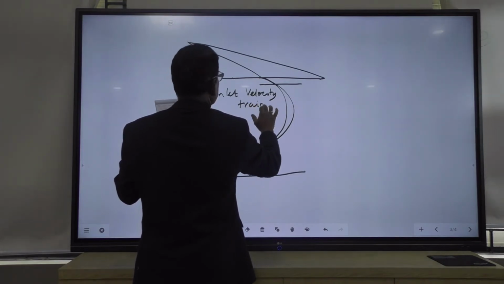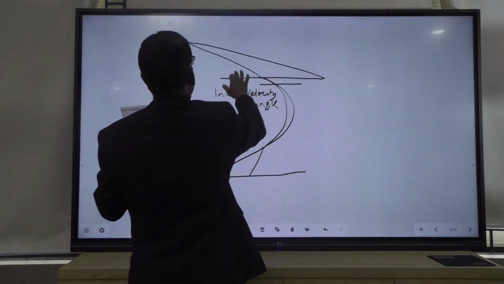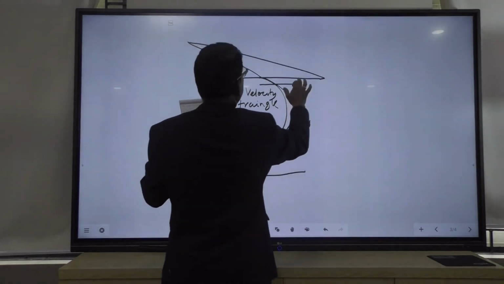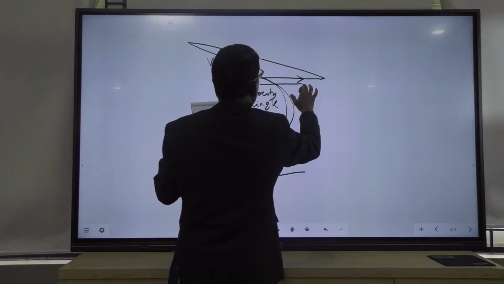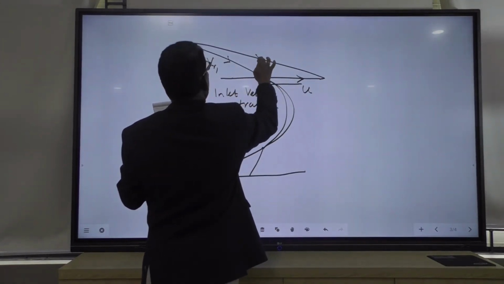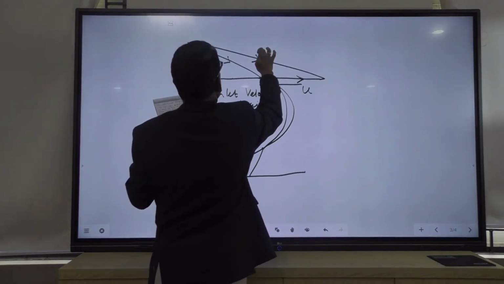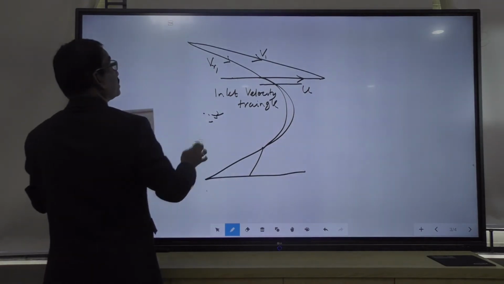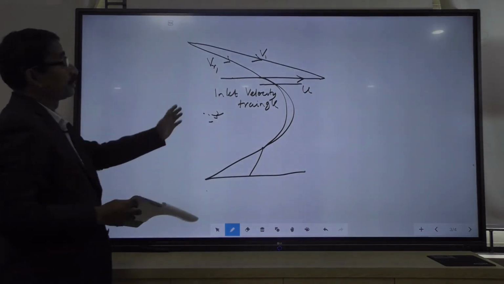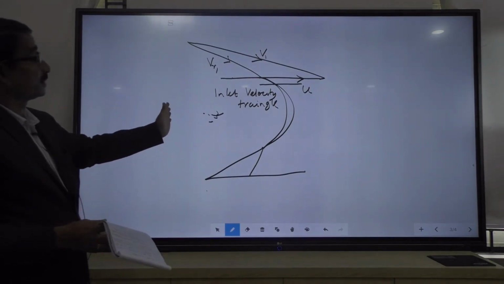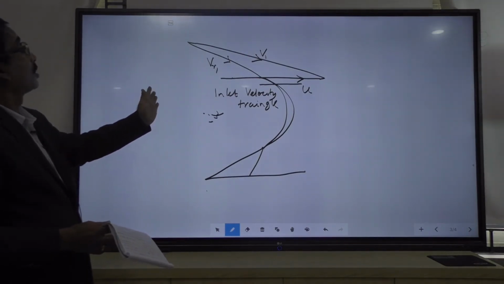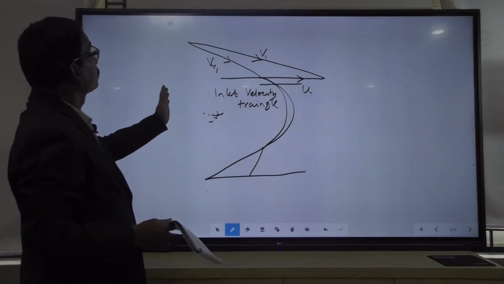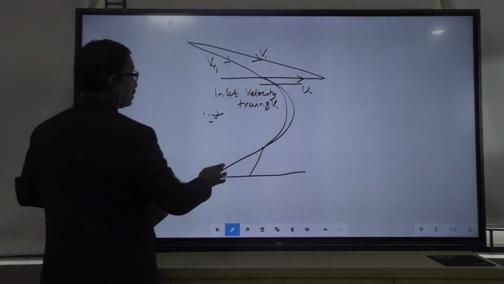This triangle consists of 3 vectors. One is the relative velocity Vr1 at inlet, this is the blade velocity u, and this is the velocity of the steam coming from the nozzle V1. And this relative velocity is always tangential to the blade surface, because there should be no shock. That means shockless entry of the steam should be there. Therefore, the relative velocity strikes tangentially.